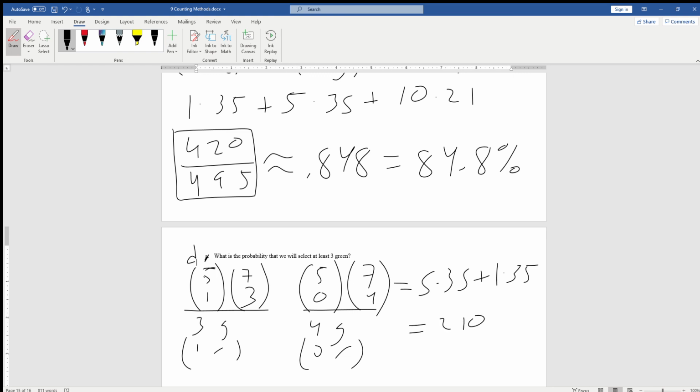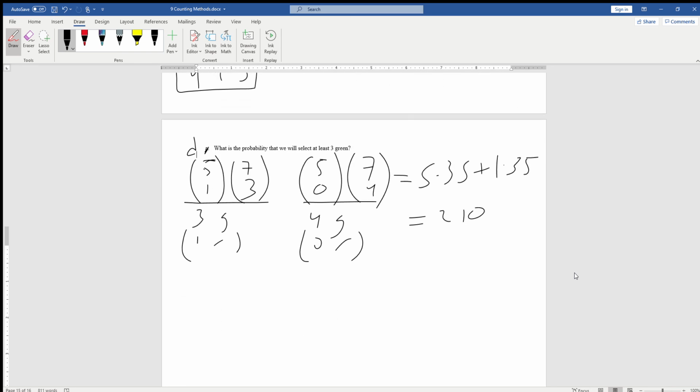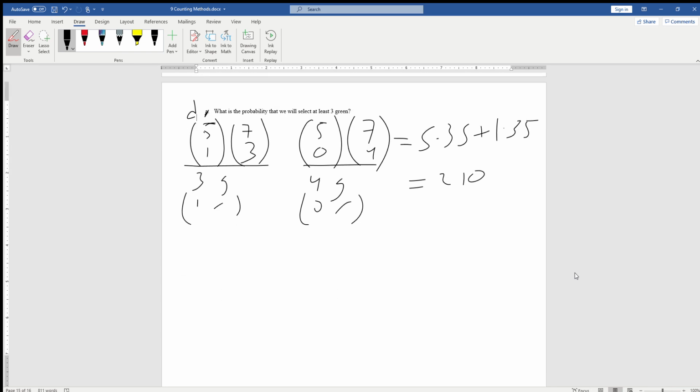Now that's the total number of ways, but that's not the probability. So for our probability, we're going to take 210 and divide it by 495, which is still the total number of ways to pick. I end up with 0.424, or 42.4%.